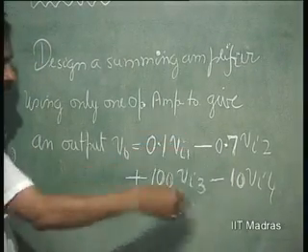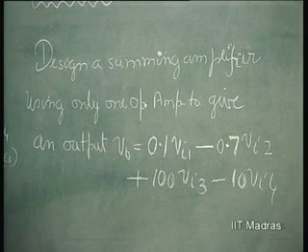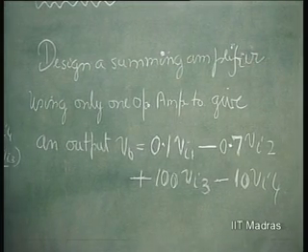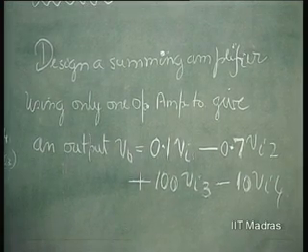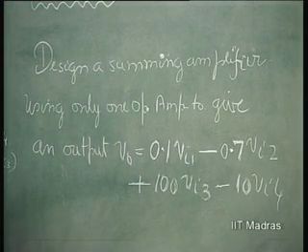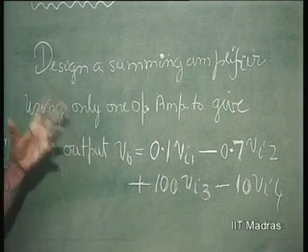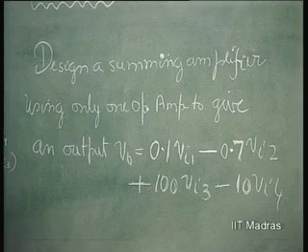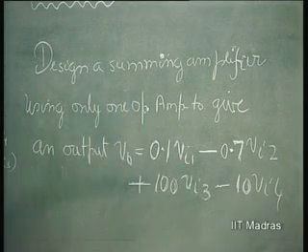These have been arbitrarily chosen, so as to facilitate design of any generalized summing amplifier. Coefficients can be less than 1 or greater than 1, can be positive or negative. So, how to now approach this problem of designing, using only one op amp, a generalized summing amplifier, so that the design is quickly over.